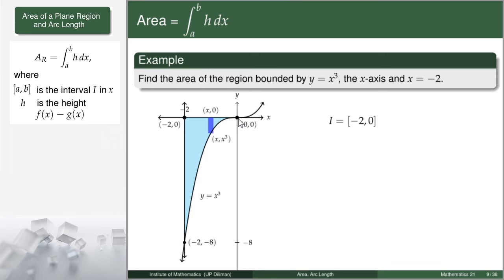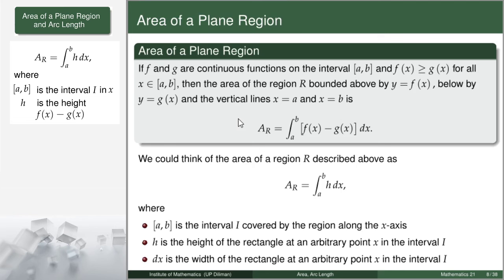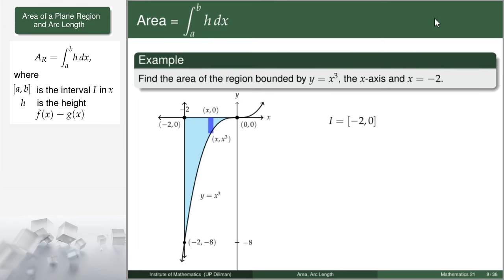For f and g, it's very important to know the orientation, what is above and what is below. If you go back to the definition we had before, to get the f, it should be equal to a y value. For example, in our problem here, if I want to know what the f is, I need to know what is above, and then I need to know the y value there.